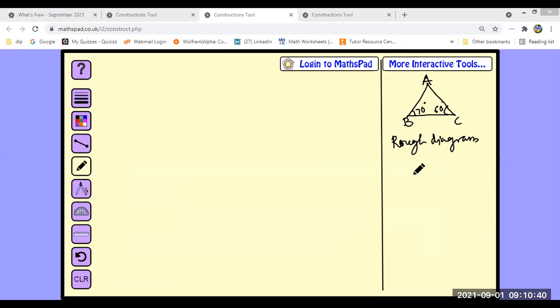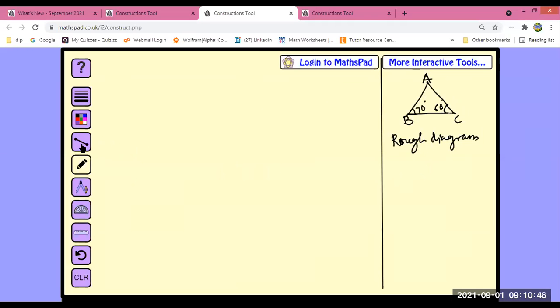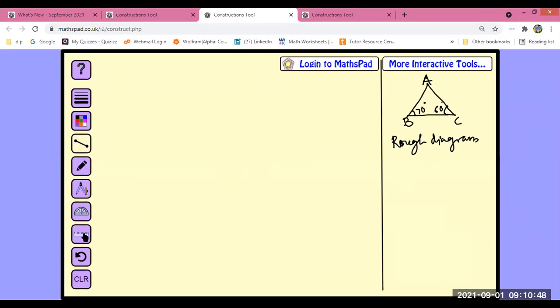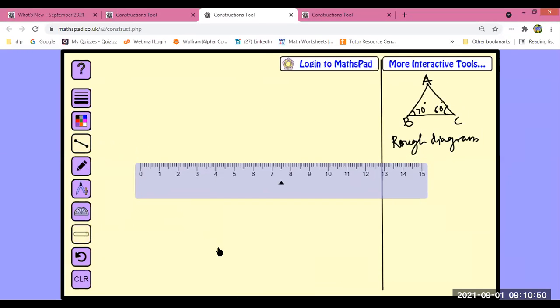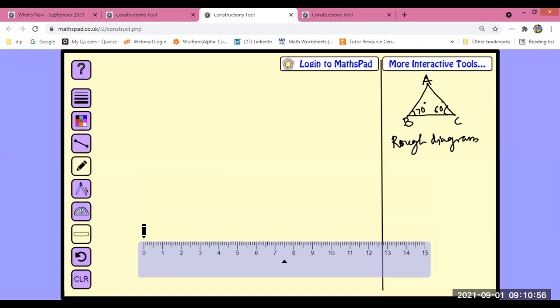What is the base? The base is 11.2 centimeters. That is the perimeter. So we start with drawing out the base of 11.2 centimeters. There, this is 11.2 centimeters.